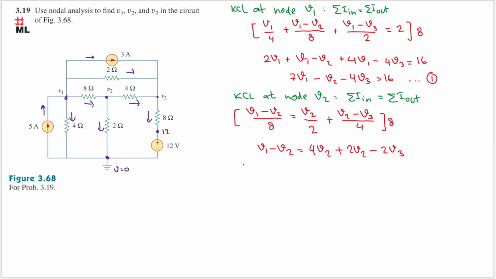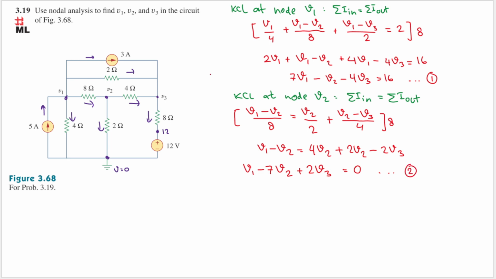Okay, we will have V1, then minus 6 minus 1 minus 6, that will be 7V2, and then plus 2V3. All of that will equal to 0, and let's save this as equation number 2.